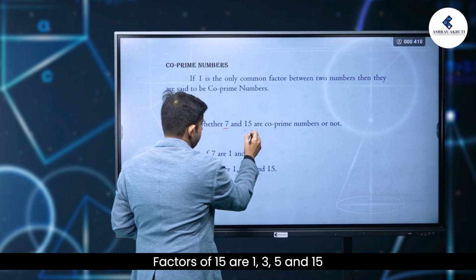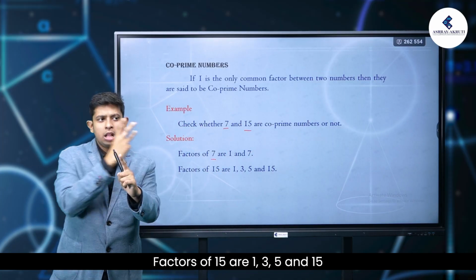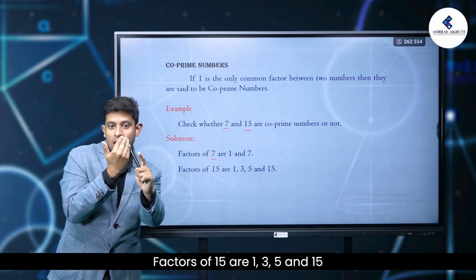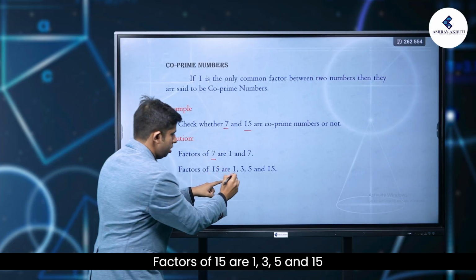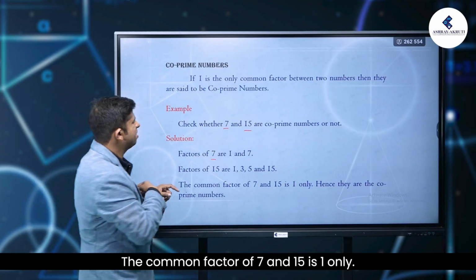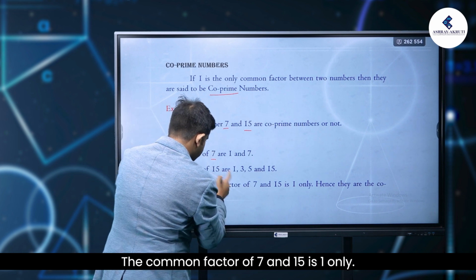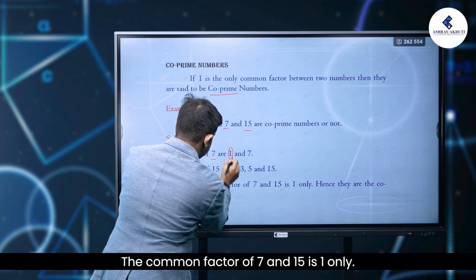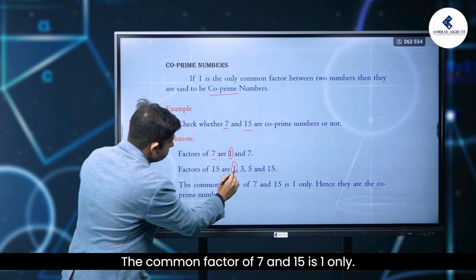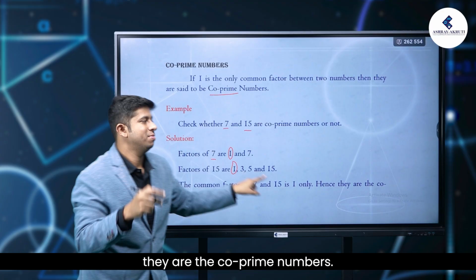Factors of 15 are 1, 3, 5 and 15. The common factor of 7 and 15 is 1 only. Hence, they are co-prime numbers.